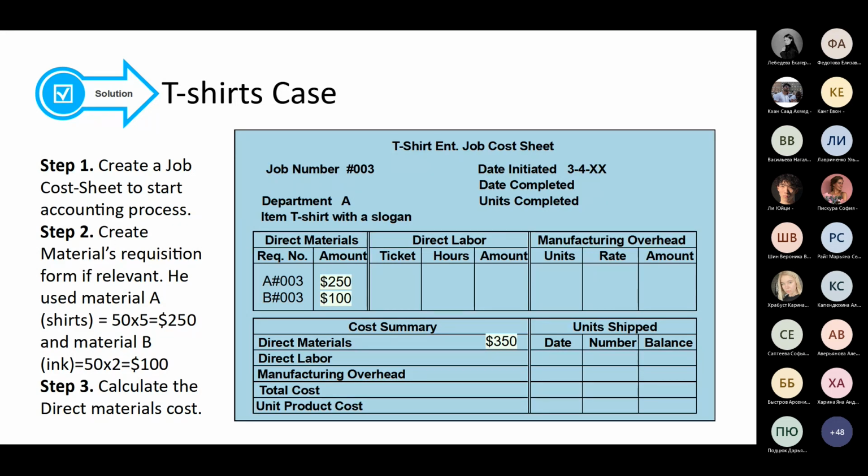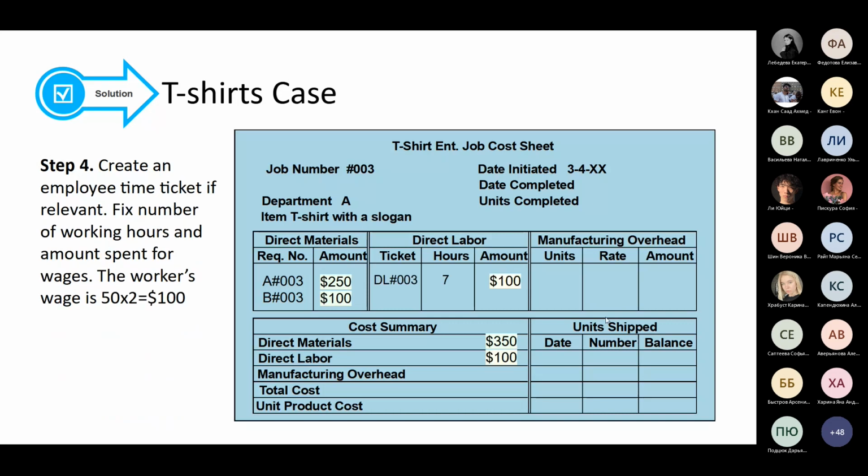So then we calculate the direct cost, summarizing direct materials spent for each t-shirt and multiplying by the number of shirts in this particular order. And we calculate that material A, shirts, used for $250, and material B, which is ink, is used for $100. And therefore, direct materials cost is equal to $350. Next step is to create an employee time ticket if relevant.